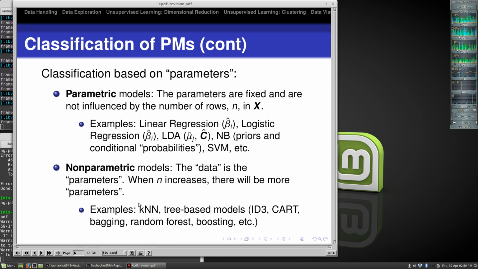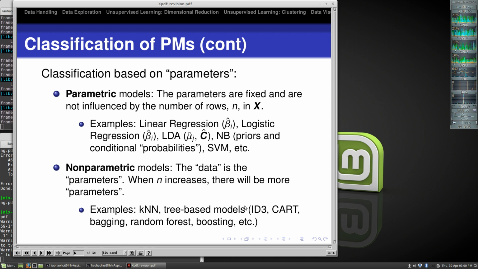The typical example is the KNN model, because basically we just put the training data into the model, and when we have new data, we compare with the training data to see which rows are the closest to it, and then based on the majority, that will be the output class for the prediction.